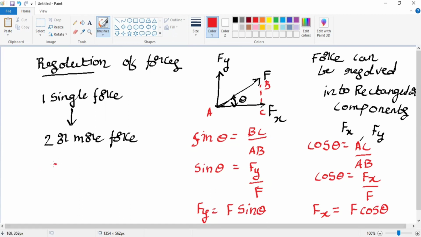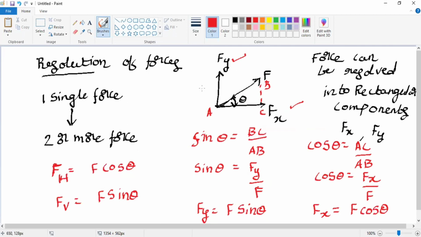That means the horizontal component FH equals F cos theta, and the vertical component FV equals F sin theta. In this manner, we can resolve a single force into rectangular components. The two components are the horizontal component Fx and the vertical component Fy.